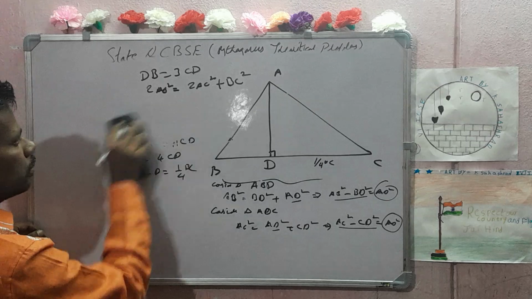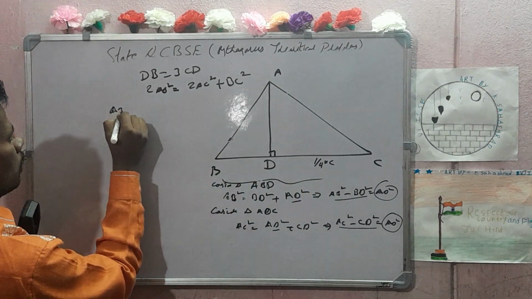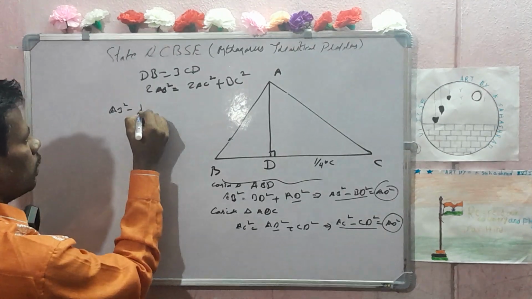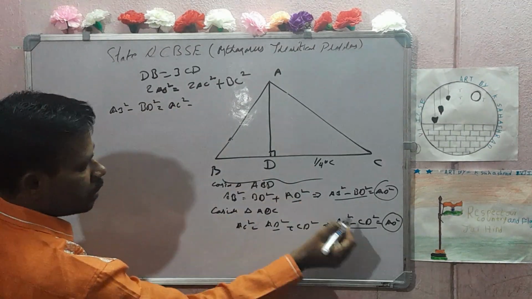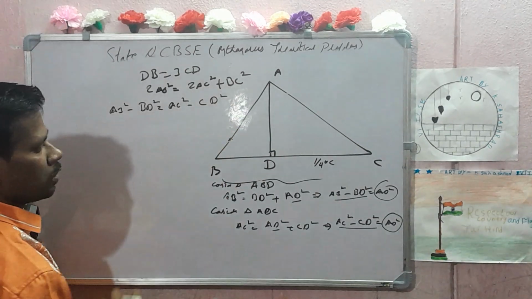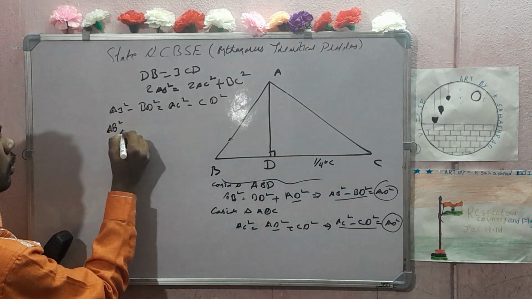So here what you have to write is, this time erasing this one. So AB square minus BD square is equal to AC square minus CD square, right? So AB square write as it is, minus BD.